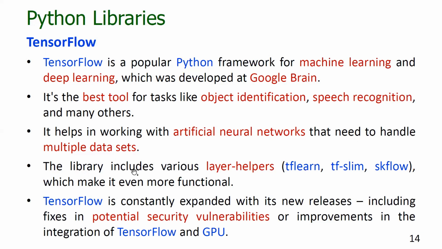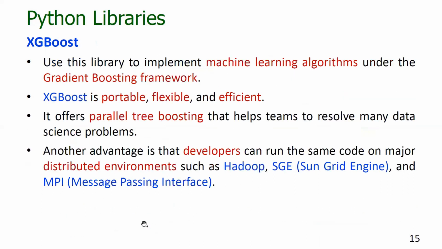The library also includes various layer helpers like TF-Learn, TF-Slim, and Keras, which make it even more functional. TensorFlow is constantly expanded with new releases, which include fixes for potential security vulnerabilities or improvements in the integration of TensorFlow and GPU.